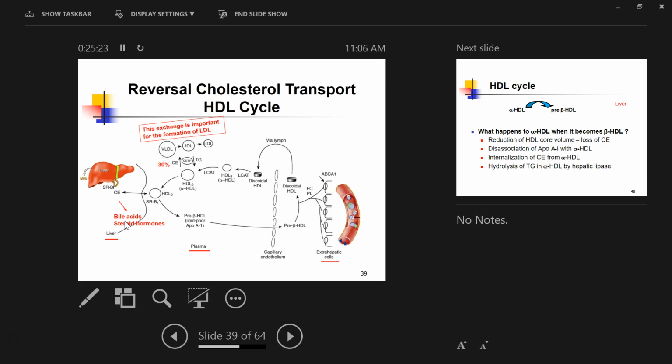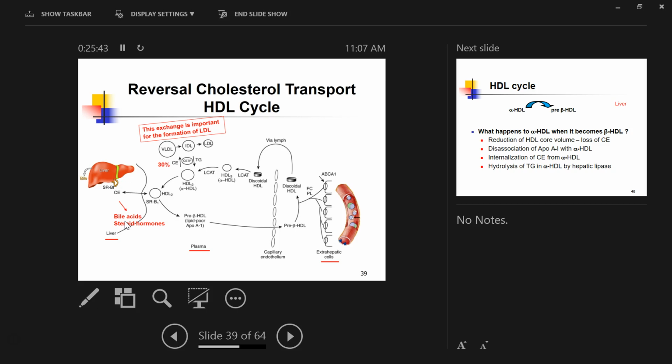So eventually, the alpha HDL is still cholesterol rich, but it also has some triglyceride. This triglyceride is actually from the other lipoproteins. Does that make sense?